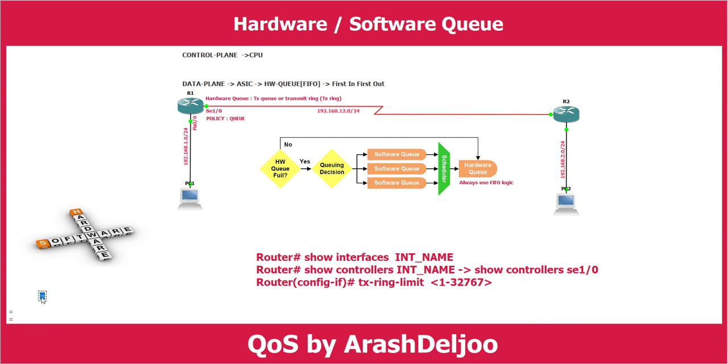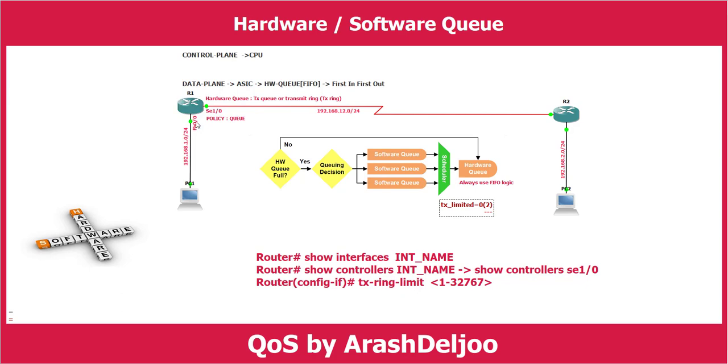With TX limited, you can find the length of the hardware queue. The length of the hardware queue, as you can see now, is 2. The 2 is the length of the hardware queue, and the 0 means that no method of software queuing is now enabled on this interface. Actually, here we are now using the default mode. I will explain it, don't worry, but this is what is important for us now. 2 is the length of the hardware queue.